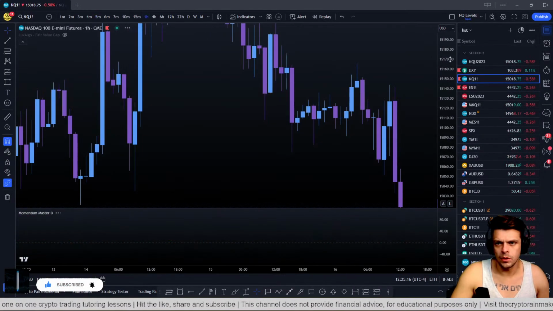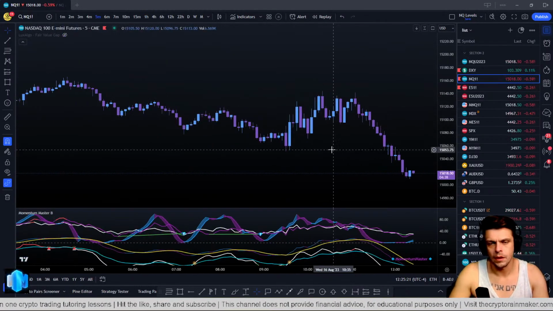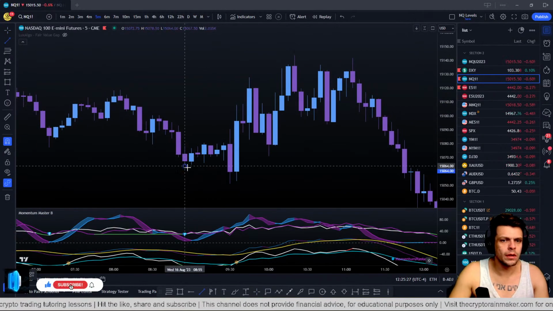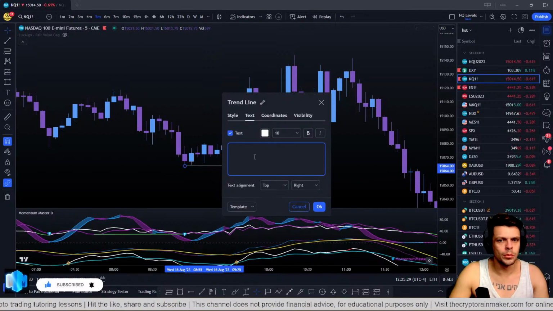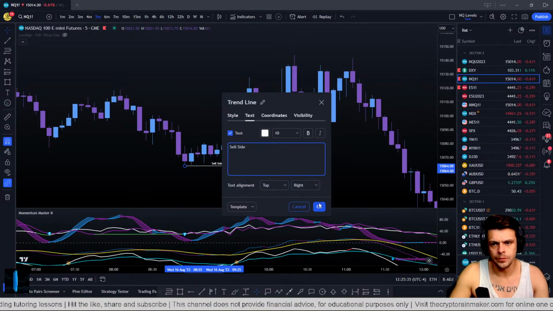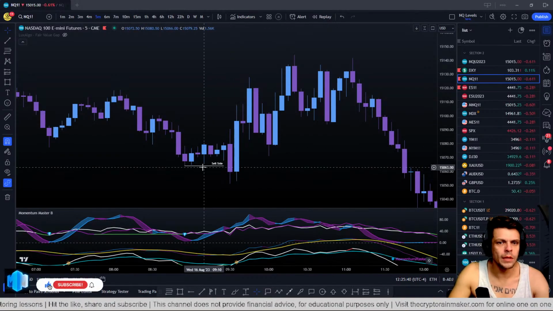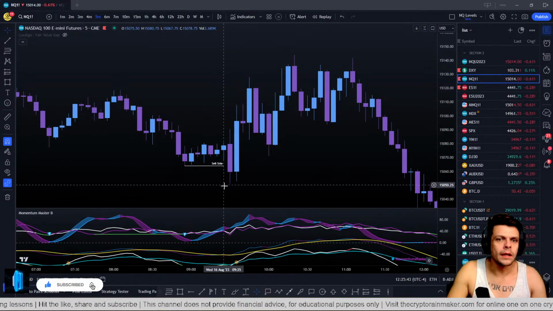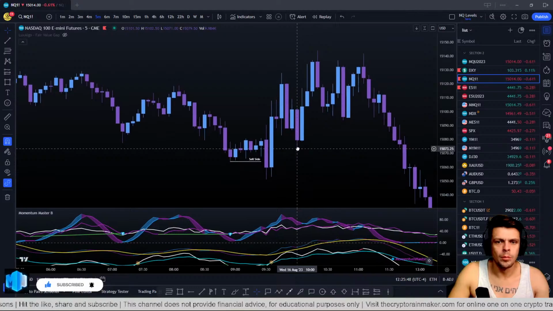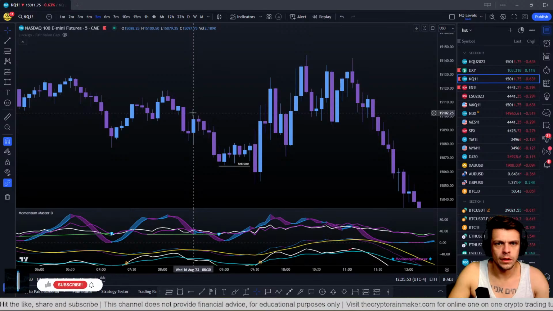For my trading model, I want to see price action take out some sort of liquidity pool, so an old high or old low. We had sell side liquidity right here, and at around the open we came down, tapped into that liquidity, and then displaced out of it. You can see this was a nice energetic move above the previous high. If I remember correctly, I looked at this high.